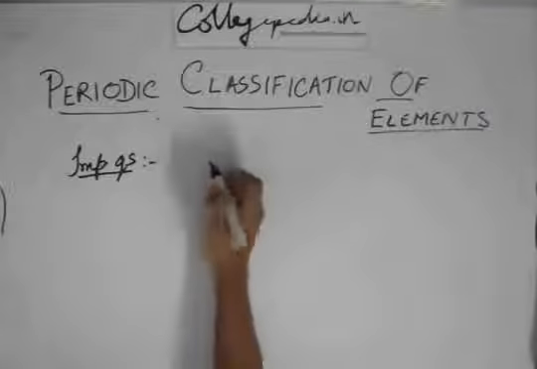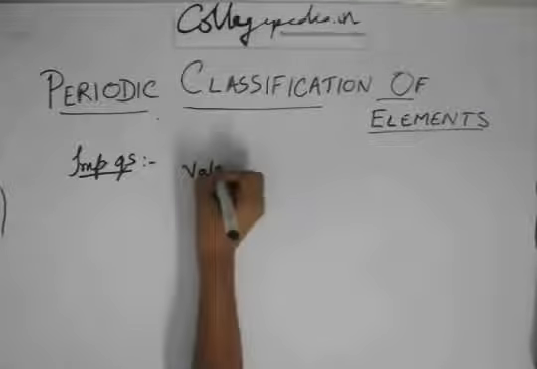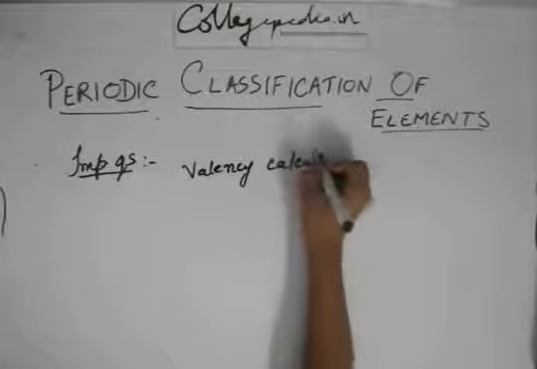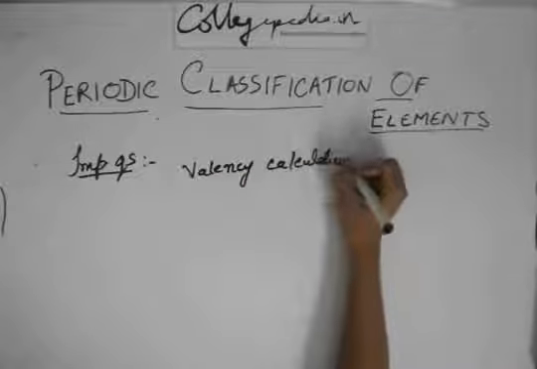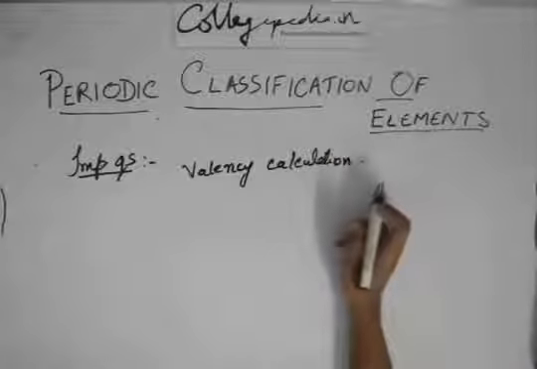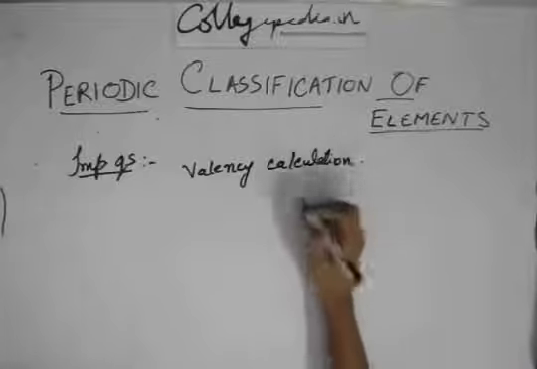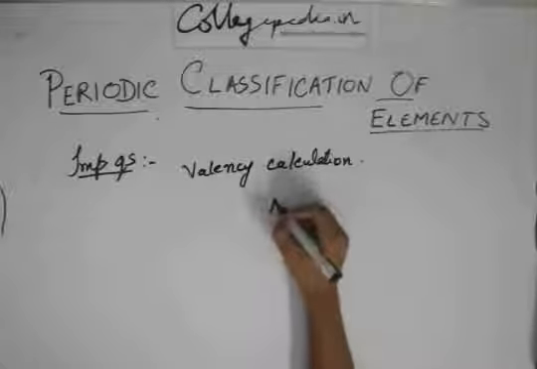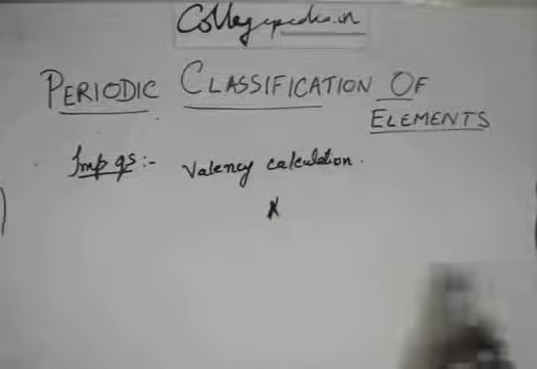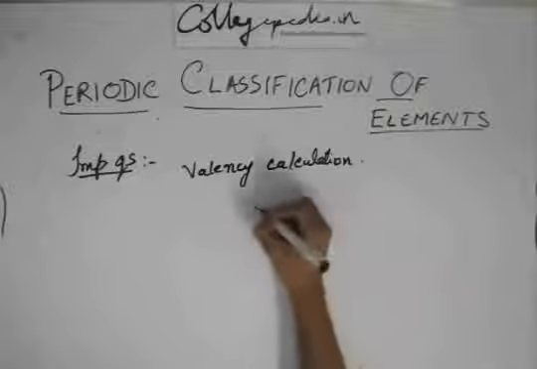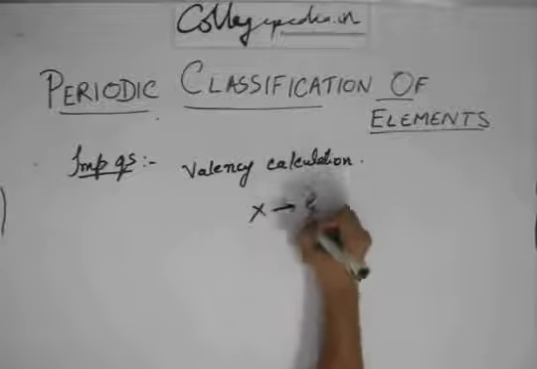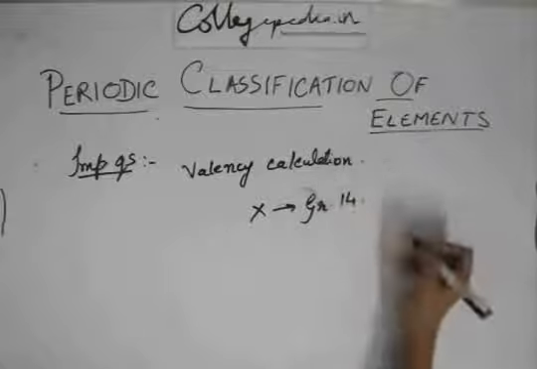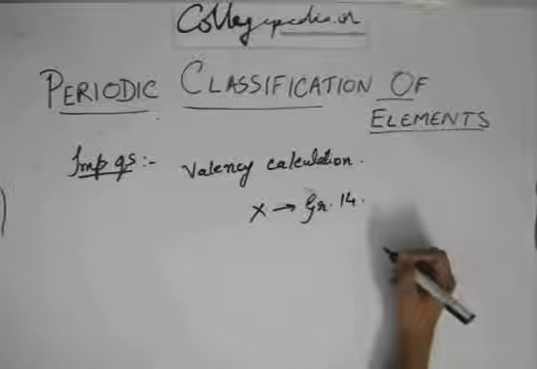Then they'll ask you valency calculation, which is not very difficult. They'll give you, not A, X. X is in group, suppose, 14. So what is its valency?